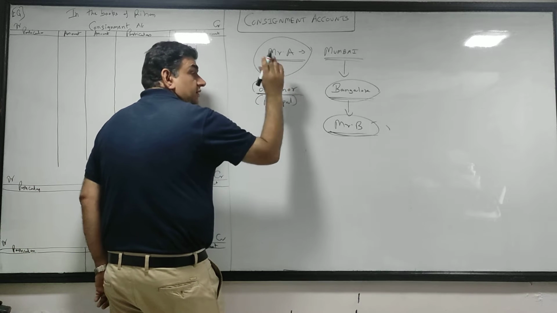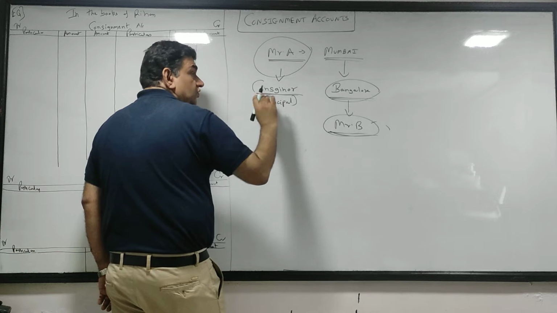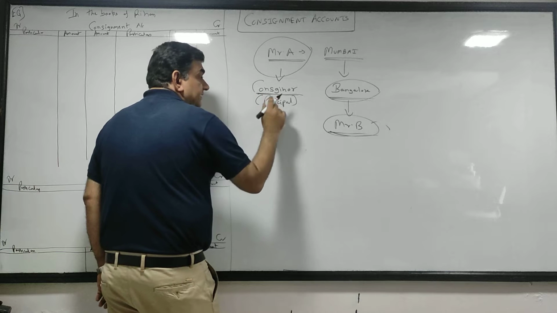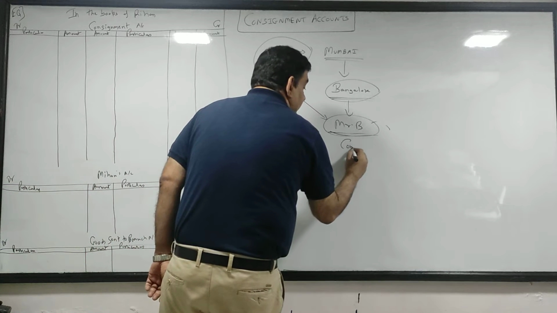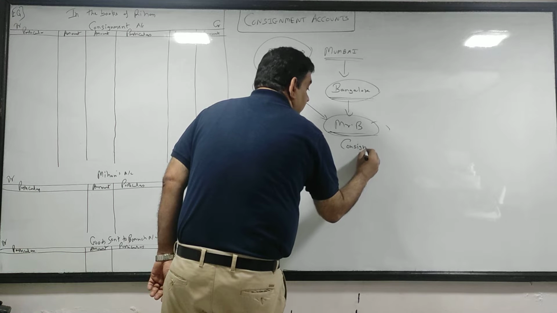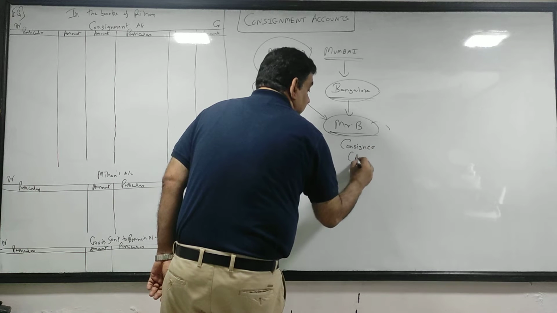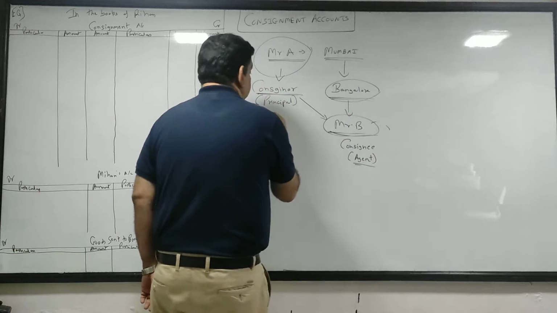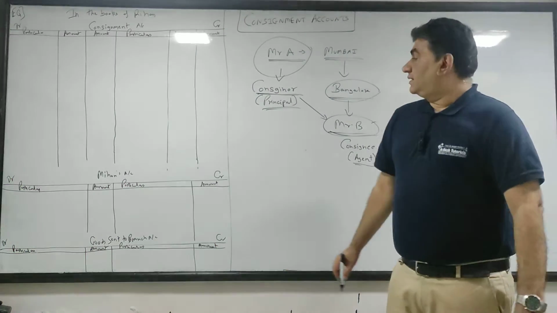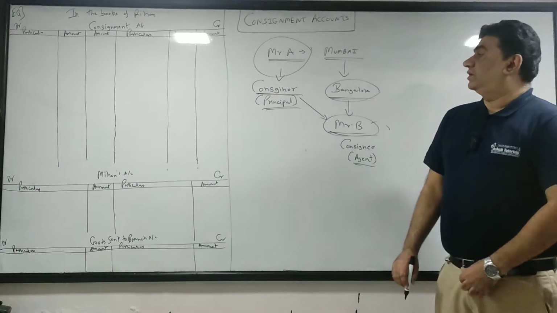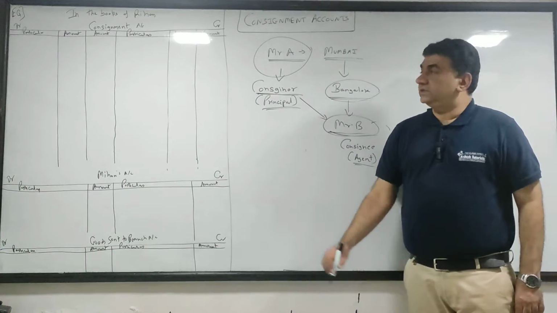Consignor जिसका गुड्स है, जो गुड्स भेज रहा है, and he is sending to whom? Mr. B, who is an agent. He will be called consignee or agent.